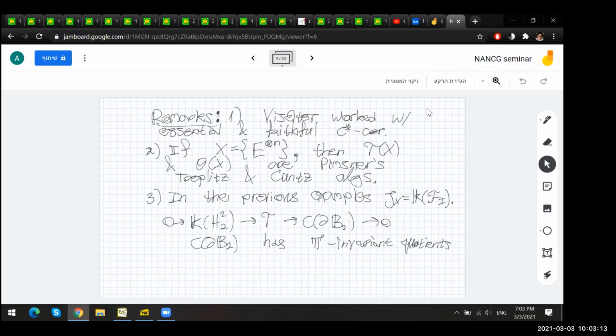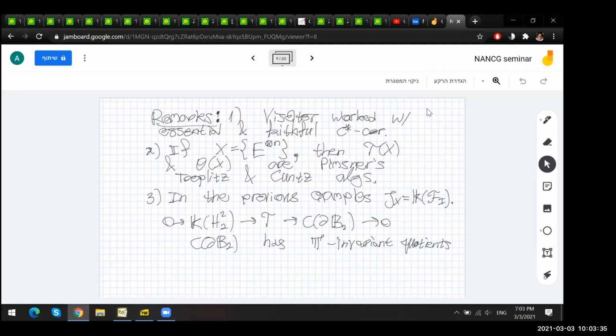These additional symmetries, these SU2 symmetries, are very useful in computing the K-theory of the Toeplitz and Cuntz algebras of certain subproduct systems arising from irreducible representations of SU2.